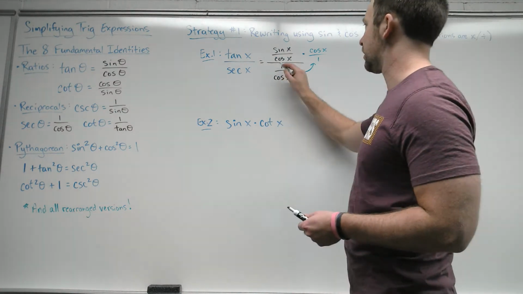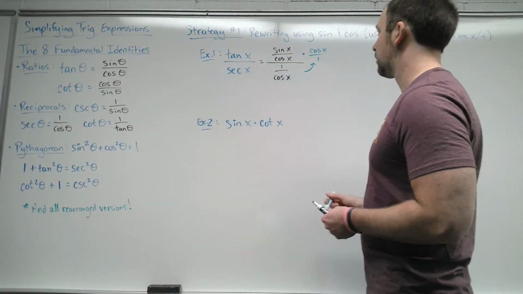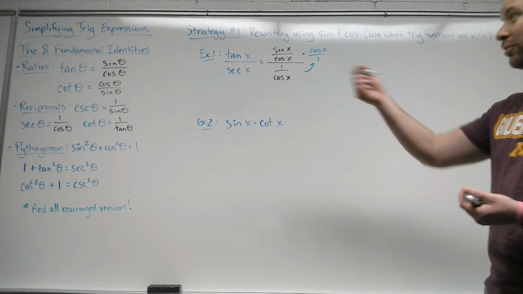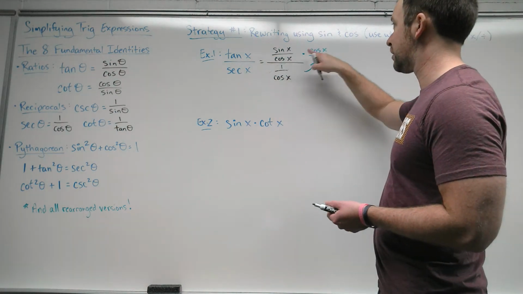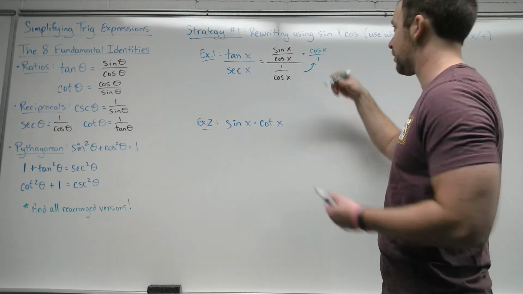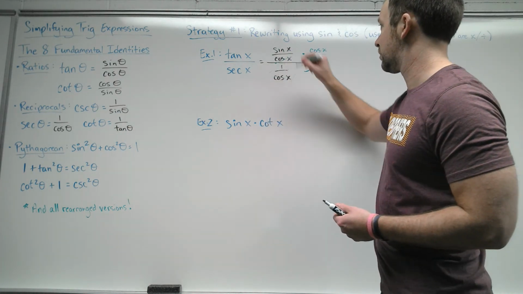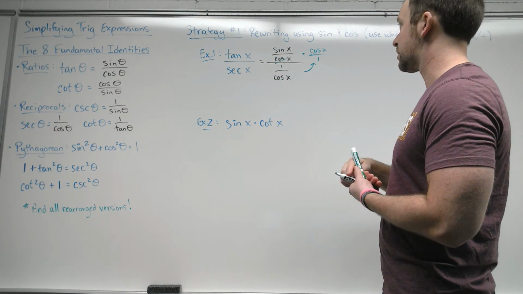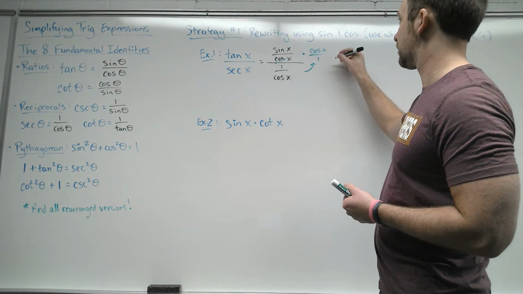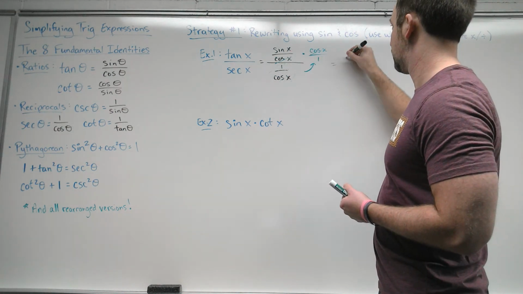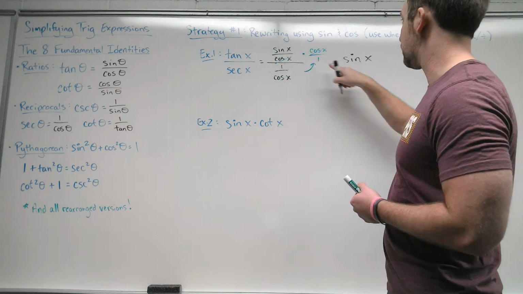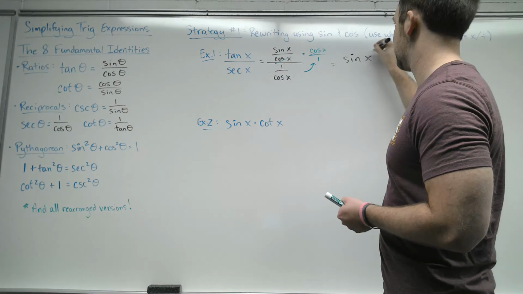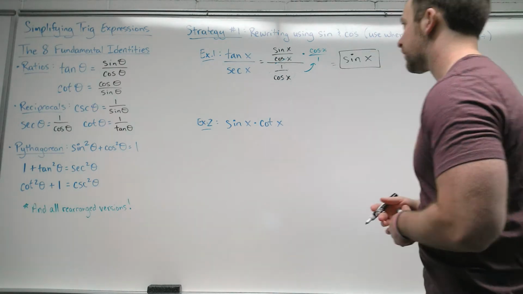By doing that and getting rid of the bottom here, we have the same situation we had with the proof of tangent from the first video. We see that these cosines have 1 on the top, 1 on the bottom, so when I multiply them together, they should cancel out. And I'm just left with sine x over 1, which is just sine of x.